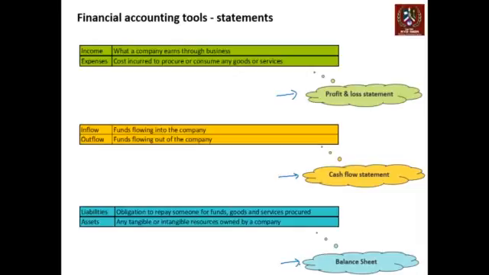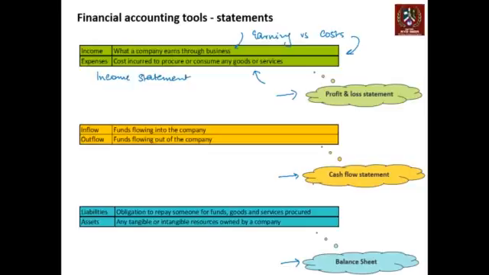As we understand this, basically, the premise here is that a profit and loss account is going to tell what a company earns through business and what is spent to kind of procure that business. So earning versus costs is going to come in the P&L statement, profit and loss statement, also known as the income statement. This is also called the income statement, right?